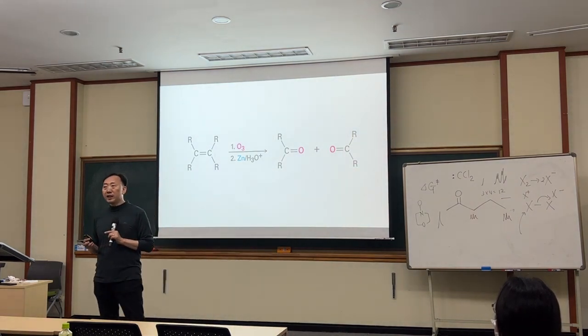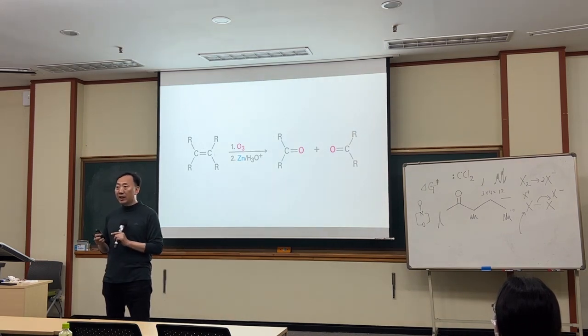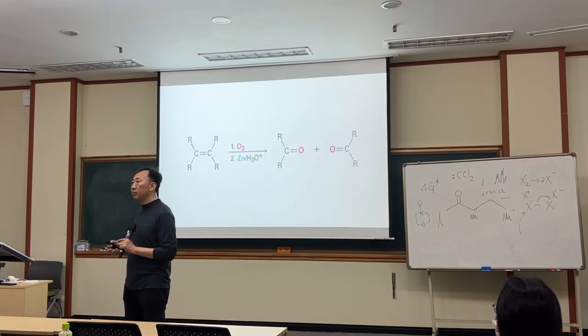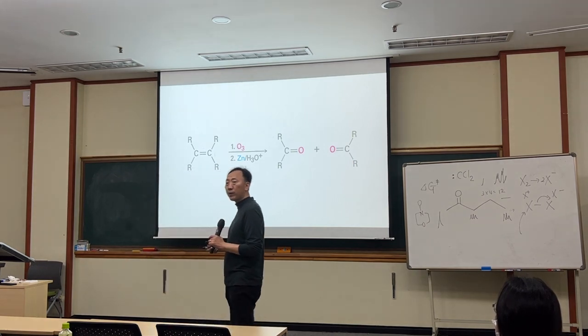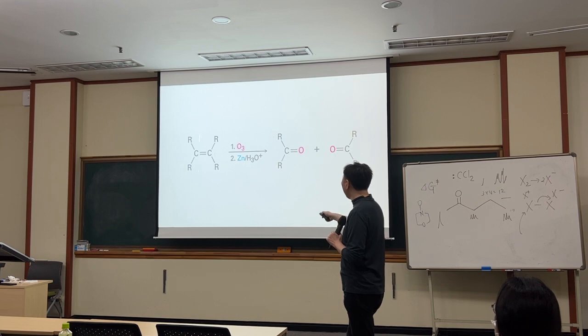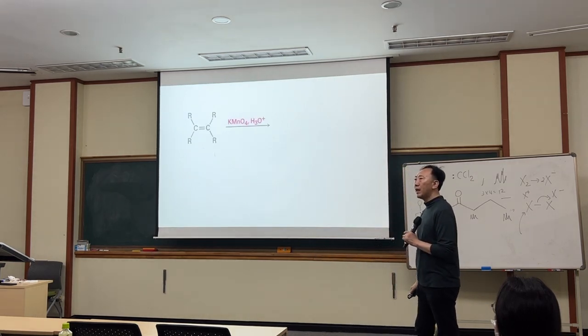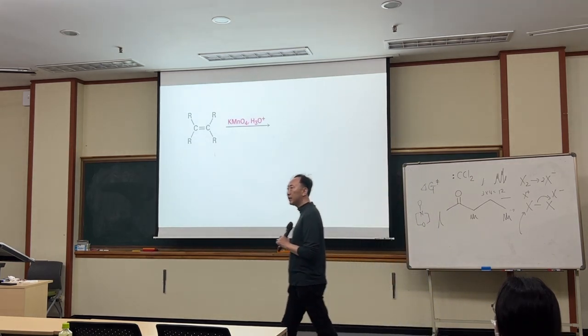Oxidative is hydrogen peroxide. Permanganate is oxidative. Metal powder is always reductive because it can donate electrons. With cleavage in the middle, if everything is substituted, you don't see a difference. Anyway, you generate this one. For the oxidative way, permanganate is a typical strong oxidant.